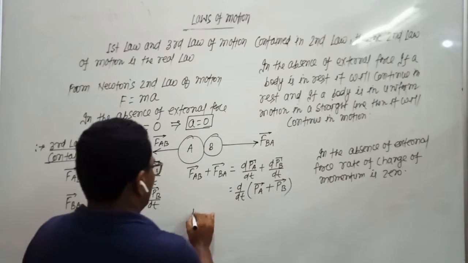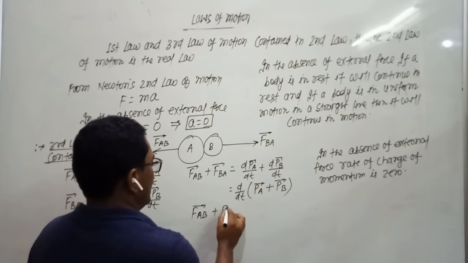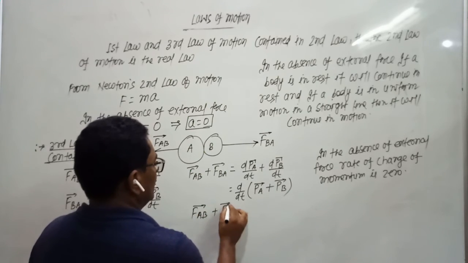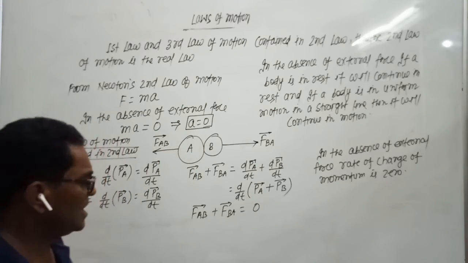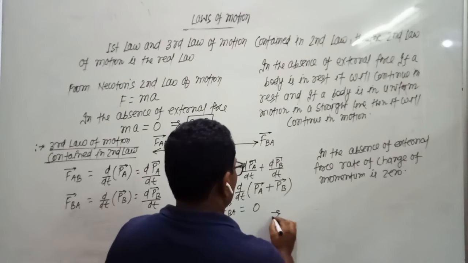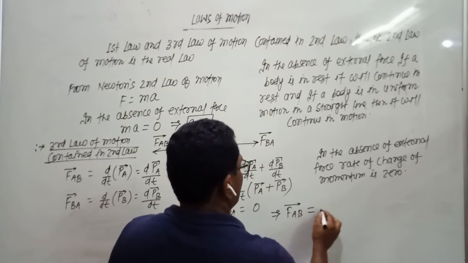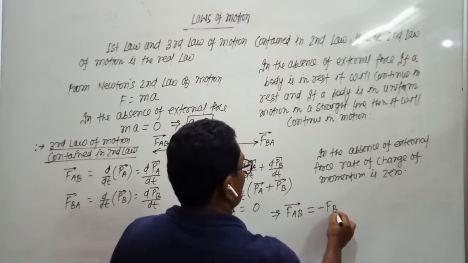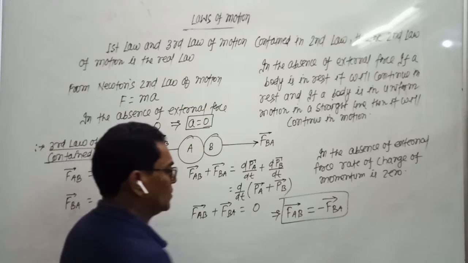It means F of AB plus F of BA is equal to zero. This implies that F of AB is equal to minus F of BA. So this is Newton's third law.